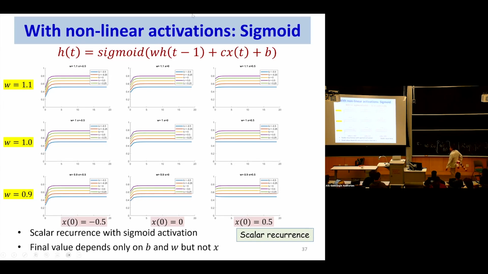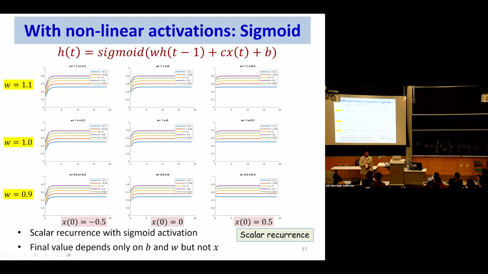There's a sigmoid applied to the affine function of the previous hidden state and the current input. The sequences we analyze have a single x at time 0, and the rest of the x's are 0. So x0 is minus 0.5, 0, or 0.5.